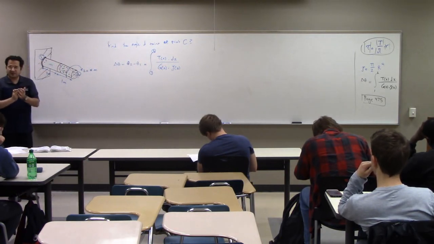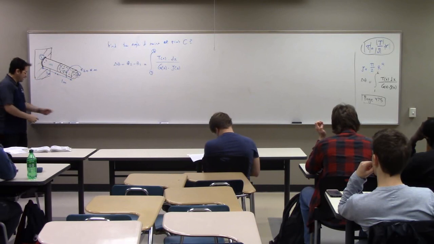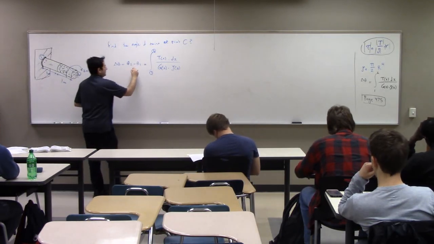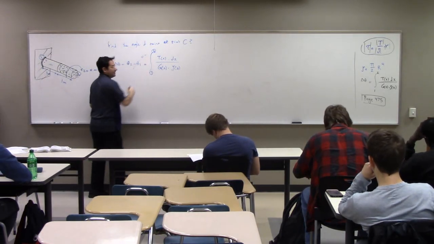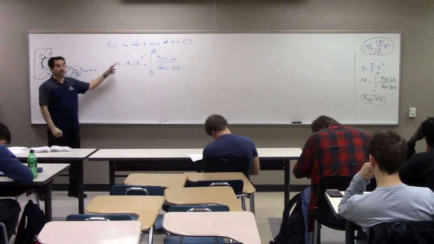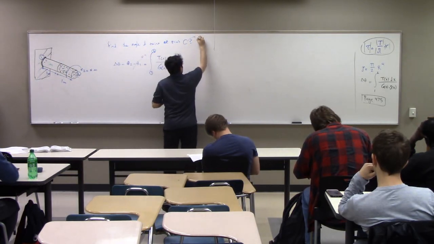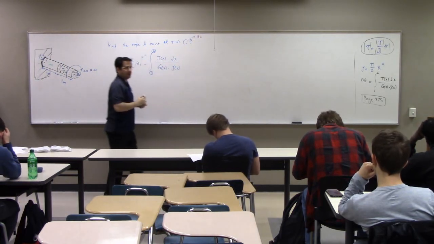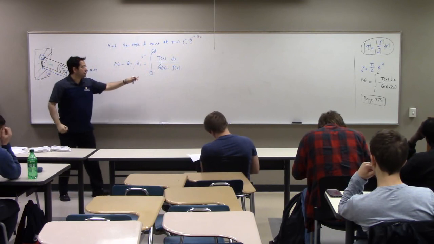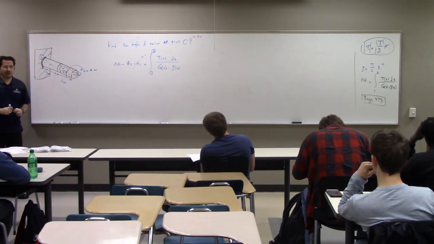And I know immediately, if I choose my point 1 here, point 2 here, what's the angle at point 1? 0. So then your only unknown is theta 2, which is what I want. So what should I do about this integral, from here to here?